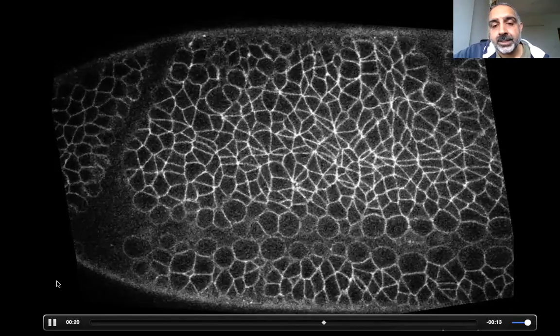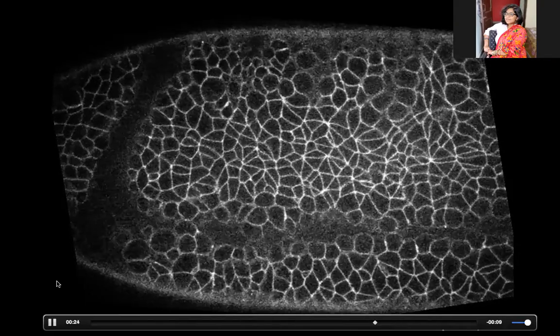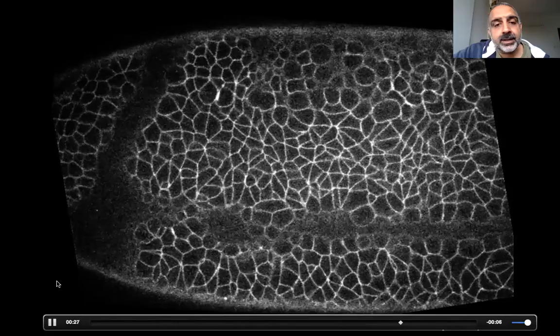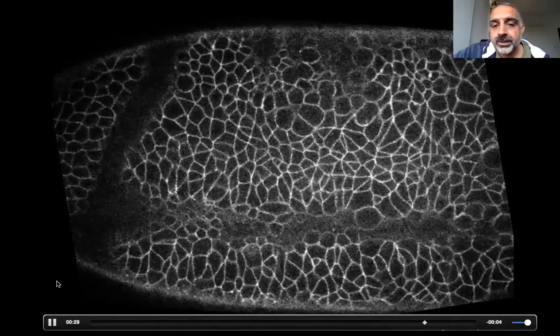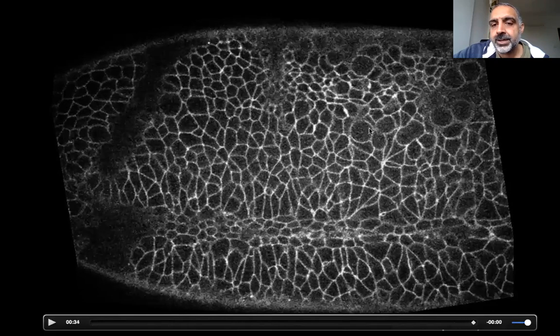So are you able to see this? Yes. I want you to tell me what you think is going on here. Let's ignore these round structures here. This is cell division going on, and we'll go into that in a little bit. But these other epithelial cells around seem to be doing something. Is anyone able to describe exactly what they're doing?